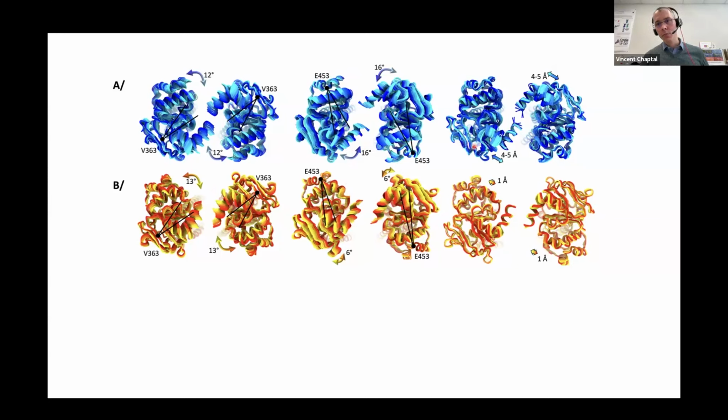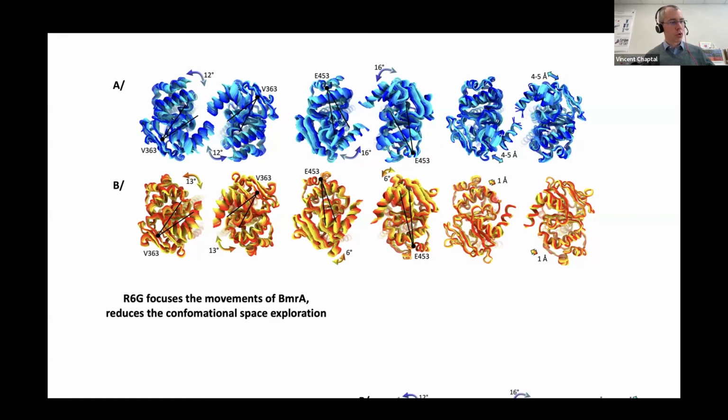And then we have a third movement, which is the general breathing motion of the nucleotide binding domains going away from each other. This breathing motion is much more reduced in the presence of the drug. So what we can see during this analysis is that the drug really reduces the conformational space exploration of the nucleotide binding domains, where ATP is going to bind.